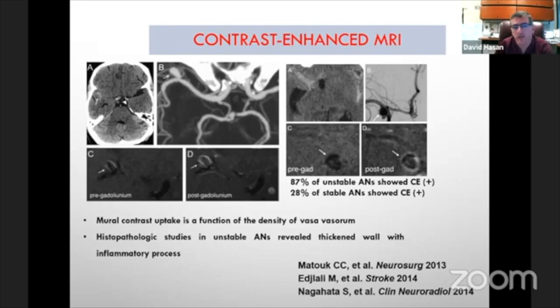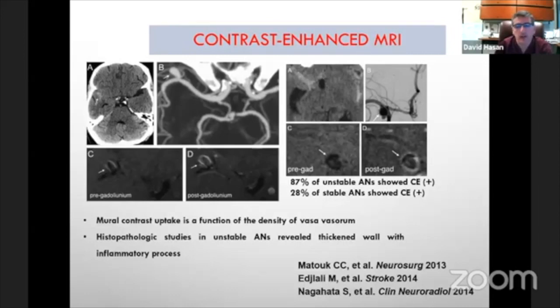They all promoted that for aneurysms that rupture, when you do the black blood, or vessel wall imaging, you could see some enhancement of the wall. Because of that, there was a suggestion that this could represent imaging of inflammation.